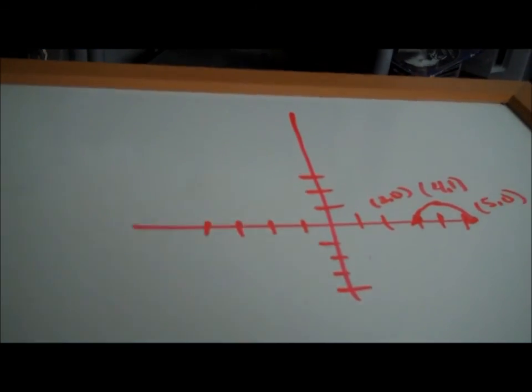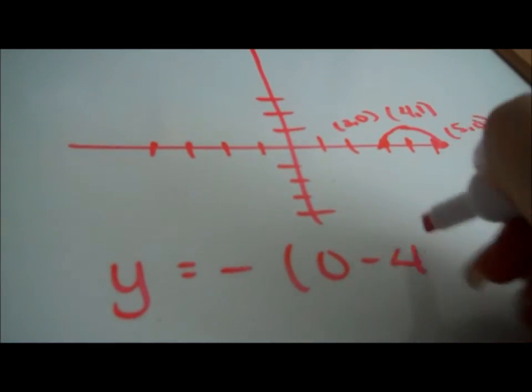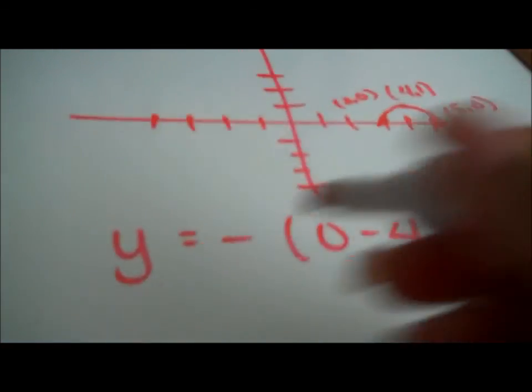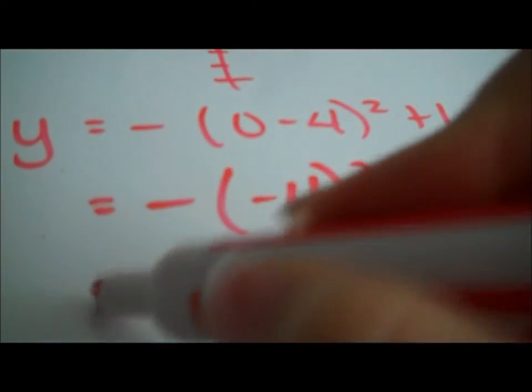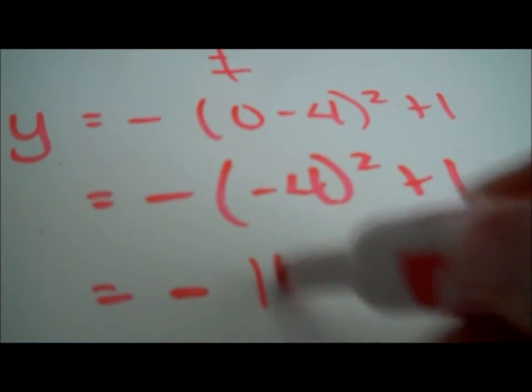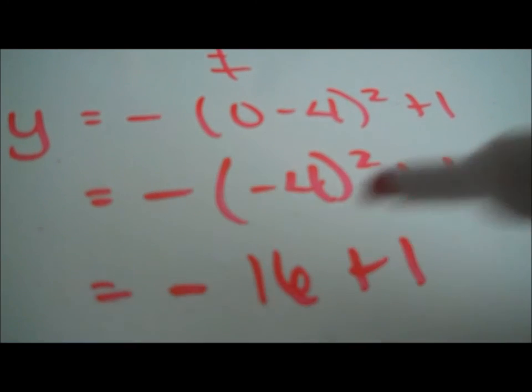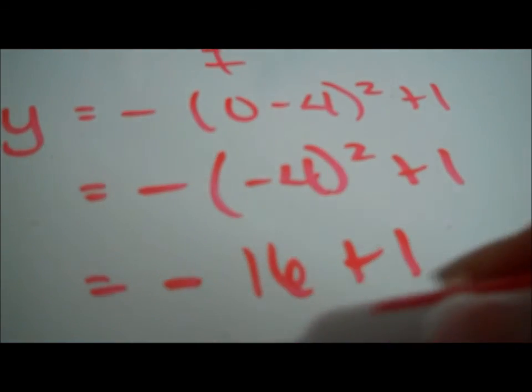We want to know what our y value is when our x value is 0. So we get a negative 4 quantity squared plus 1. Negative still up front. So negative 4 squared is 16, but the negative out front was still there. So we get a negative 16 plus 1, which is a negative 15.